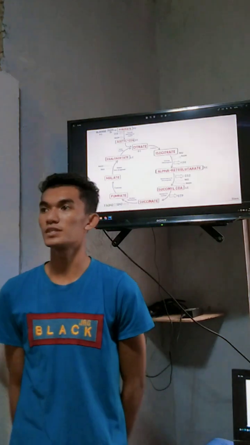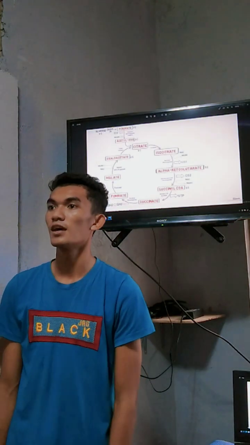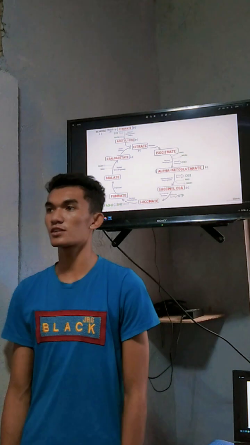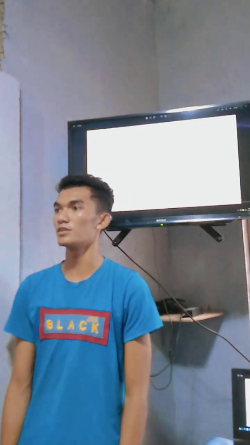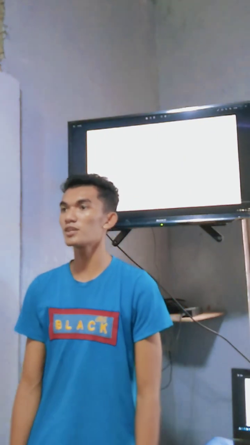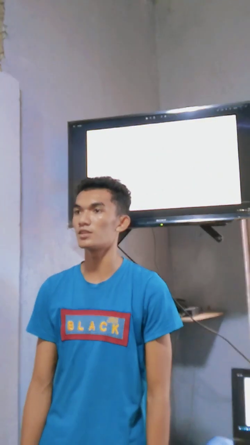The next step is that acetyl-CoA combines with oxaloacetate, which is a 4-carbon compound, to form citrate, and hence the resulting molecule is a 6-carbon compound. This reaction is catalyzed by the enzyme citrate synthase. In the next step, the citrate is isomerized into isocitrate by the enzyme aconitase.